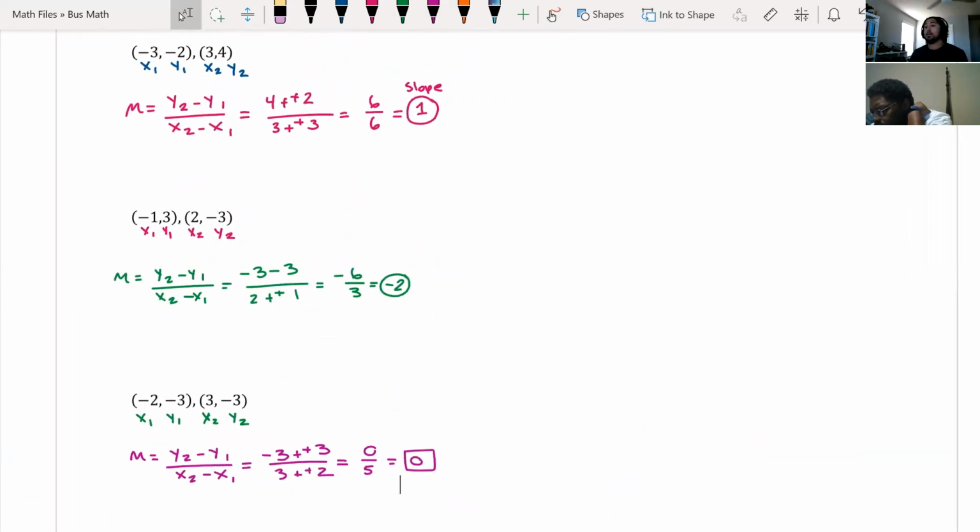Okay, there it is, y'all. So the slope between the last two sets of points, the first one you should have got -2, and the last one you got 0.